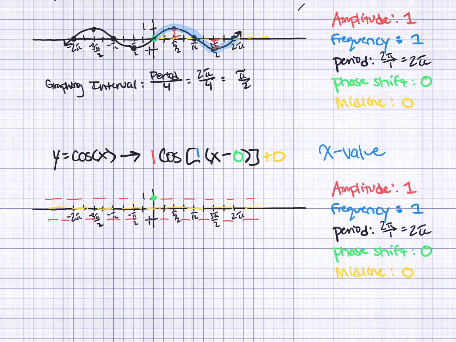When we use our graphing interval, we're going to do our period divided by 4. Since all the information is the same as our parent graph for sine, our graphing interval is going to be the same. So it'll be 2 pi divided by 4, or pi over 2. So we're going to mark up every pi over 2.